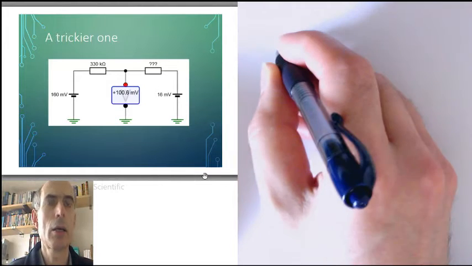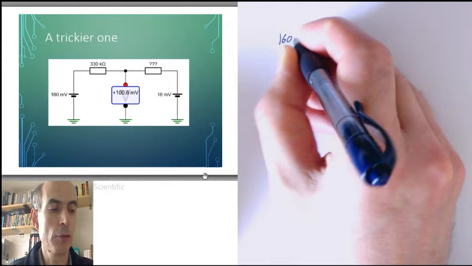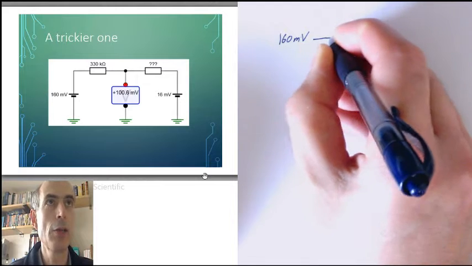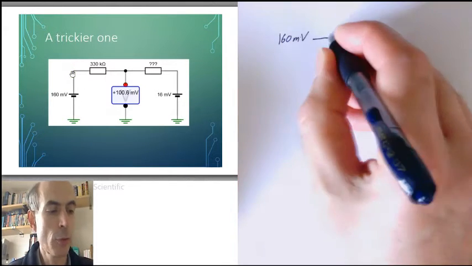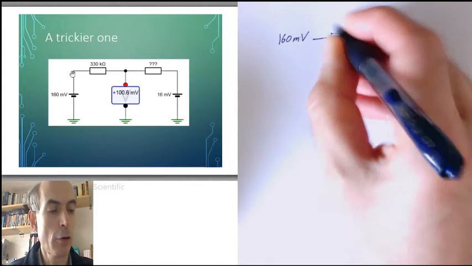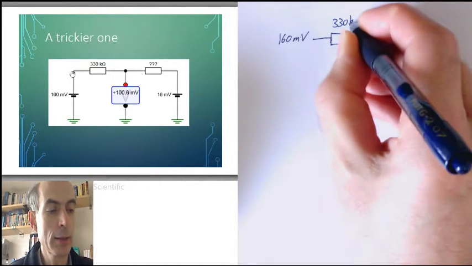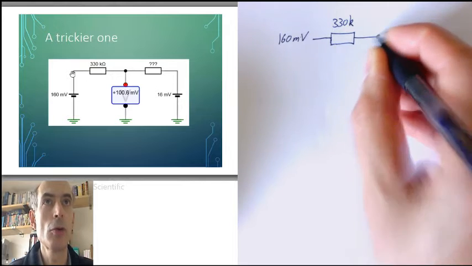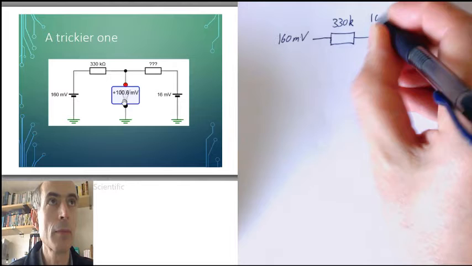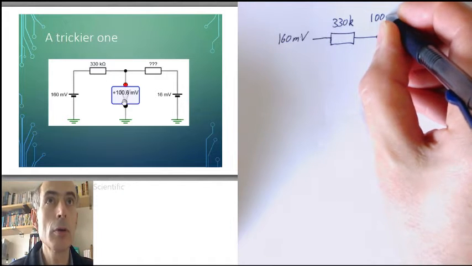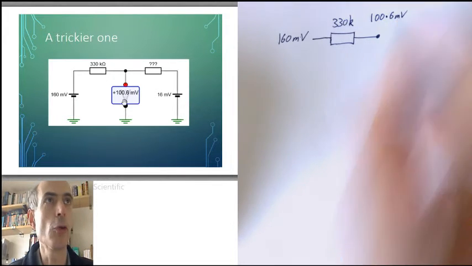We'd take our 160 millivolts that we know is the voltage of this node in the circuit here. That's going through a resistor of 330 K to a point where we're told the voltage is 100.6 millivolts.